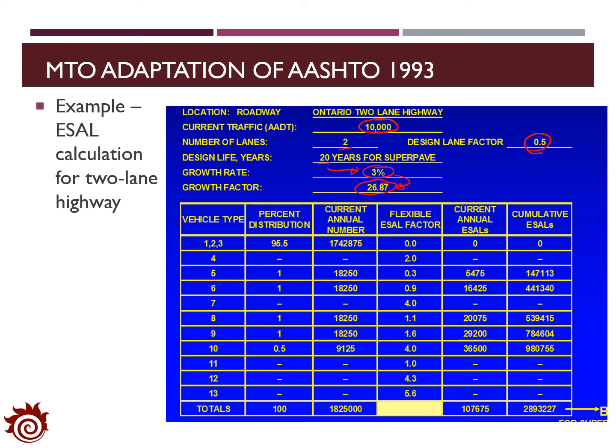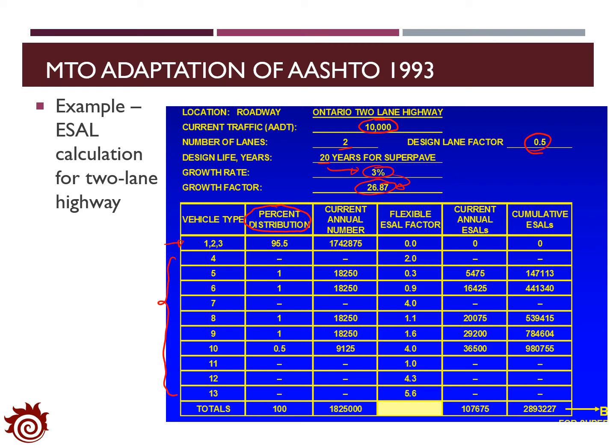26.87. We are also provided with the percentage of the distribution for each vehicle class. Generally, we only need to consider vehicle classes 4 to 13, which are the trucks, and 1 to 3 represent the passenger cars.